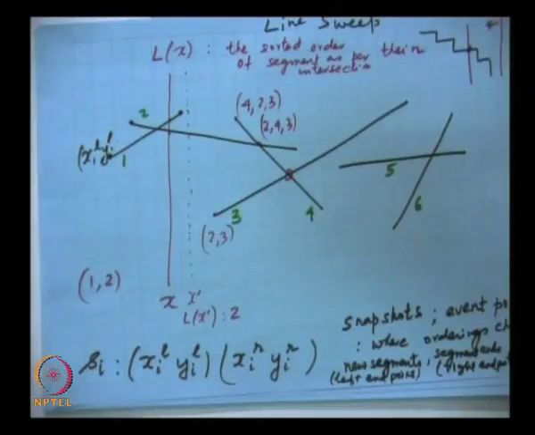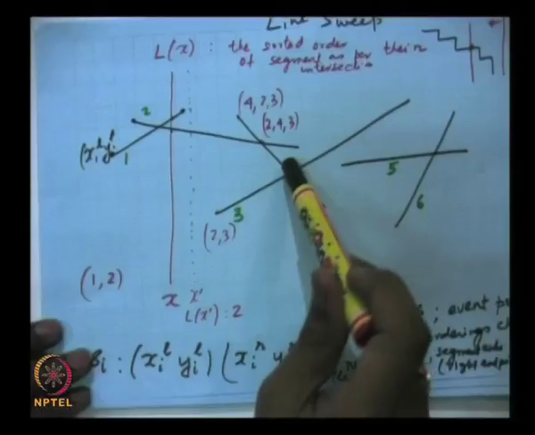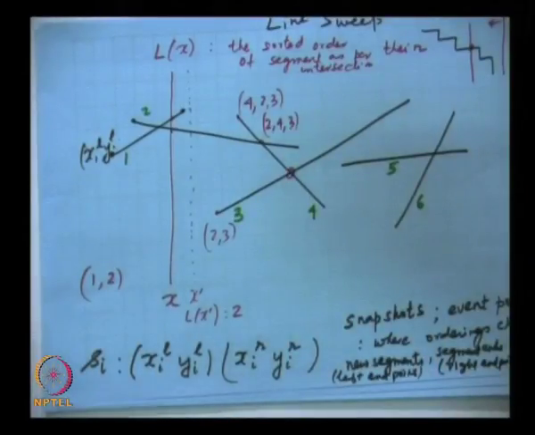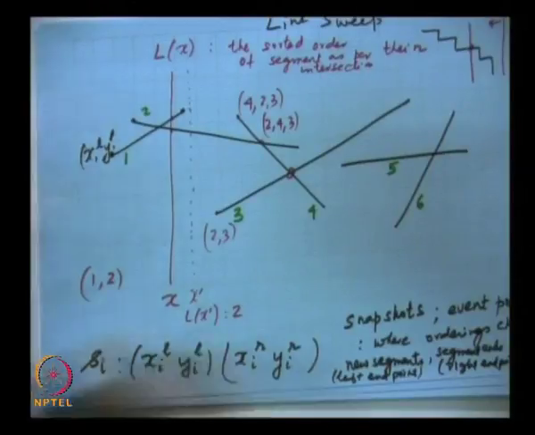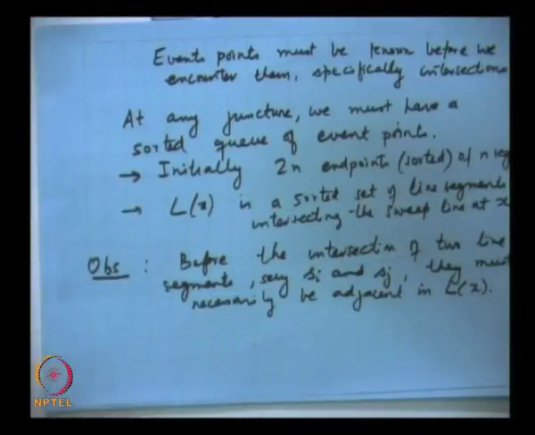And when they have come together, that change must have occurred in the previous event point, because we are saying, let us say inductively, that we will maintain this invariant, that we are recording all the possible orderings, all the orderings of the event points. So, when they came together, that must have happened because of some previous event point. So, if our algorithm was inductively right up to that point, then we should have recorded this, and therefore, the moment they come together. Okay. So, this is what we are going to do.